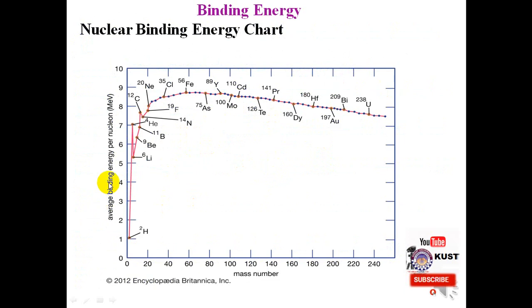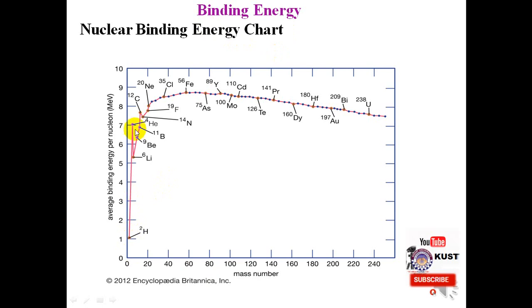The binding energy per nucleon increases as the number of nucleons present in the nucleus increases. The number of nucleons present in the nucleus is the number of protons and neutrons, which is also known as the mass number. So look at the graph or chart.